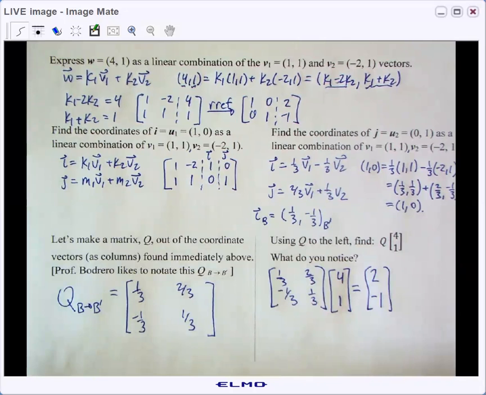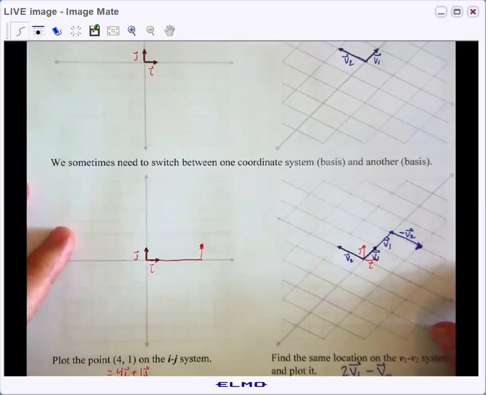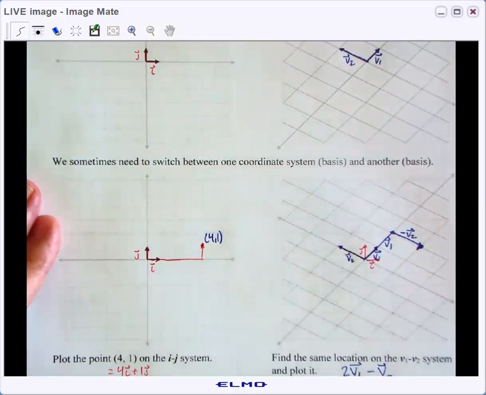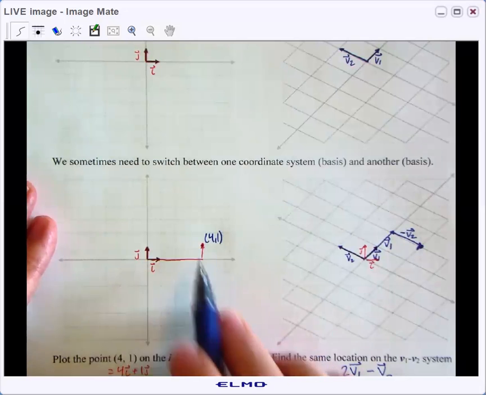So what does this have to do with anything? Well, let's go back and remember our picture from the front page here. So we had the point 4, 1, okay? And to get there, we did 4 of the I vector plus 1 of the J vector, okay?